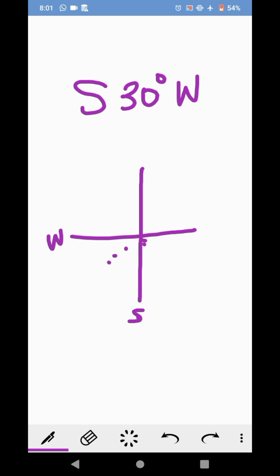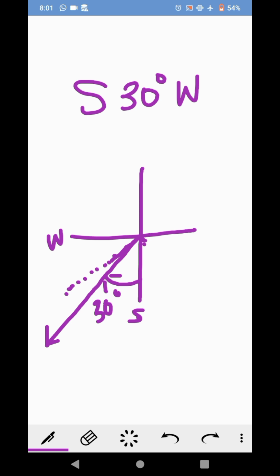Don't forget that this place is your 45 degrees. So you're moving from the south, you won't get up to the 45 degrees, of course, you will stop. Then you locate your point. So this is 30 degrees southwest.